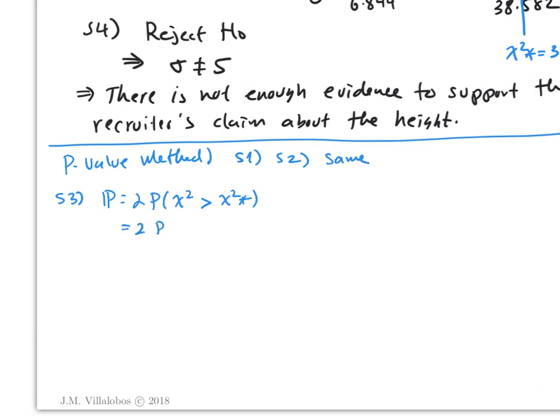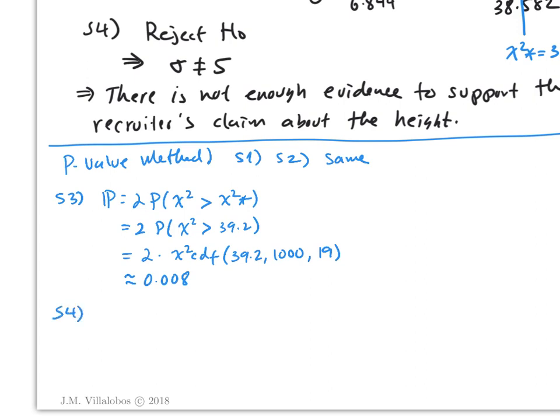So it will be twice the probability that chi-square is greater than 39.2. Again, you have two choices. You can use the calculator or the table. So this is 2 times chi-square CDF. The lower bound is 39.2, upper bound is 1000, and the degrees of freedom is n minus 1, which is 20 minus 1, or 19, and this is around 0.008.